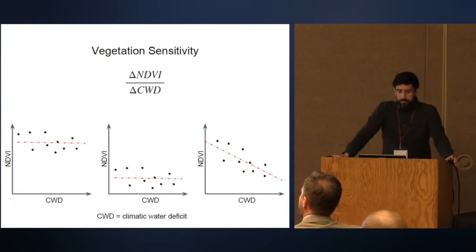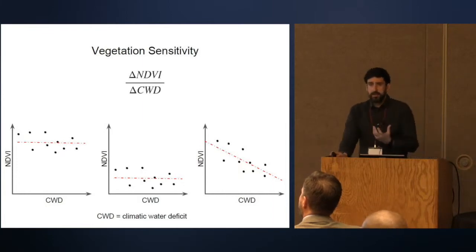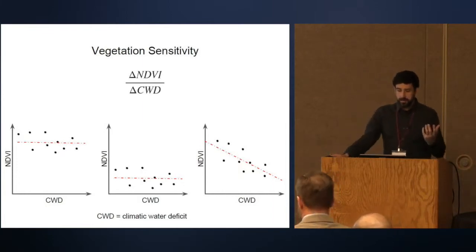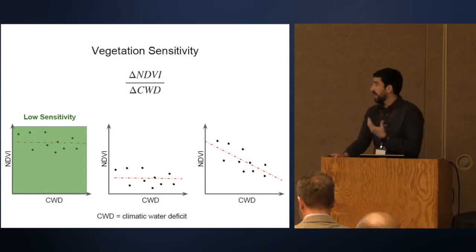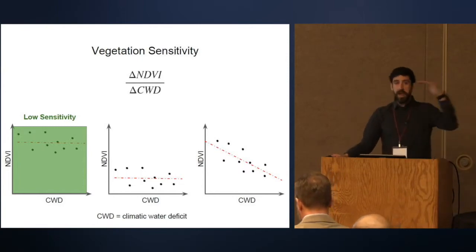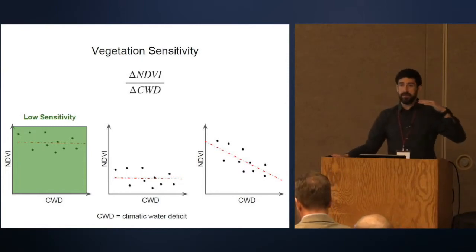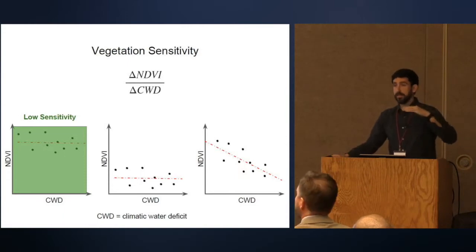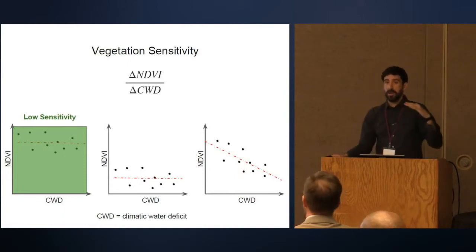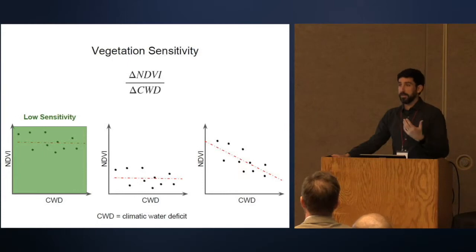And essentially, if you break that down, you can think there's really 3 scenarios when you're looking at this vegetation sensitivity. The first one is this flat relationship with high NDVI. And we would say this is a low sensitivity because it's green all the time. There's great hydrologic connectivity here.